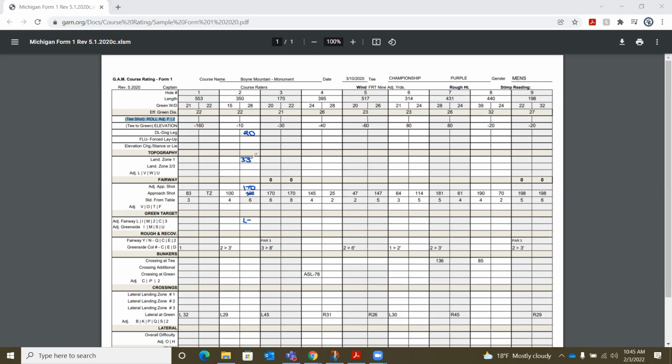What I typically do, instead of putting the adjustment down here, is because it is shot specific, I'll tag that adjustment right to this number here. So when I go back, I know that L- only applies to this 33.